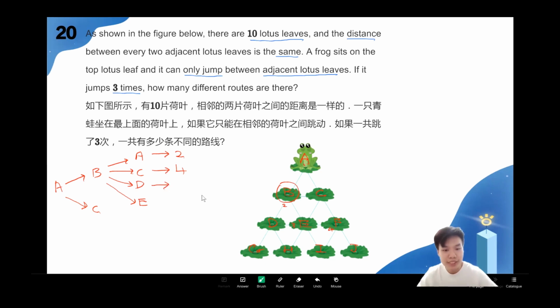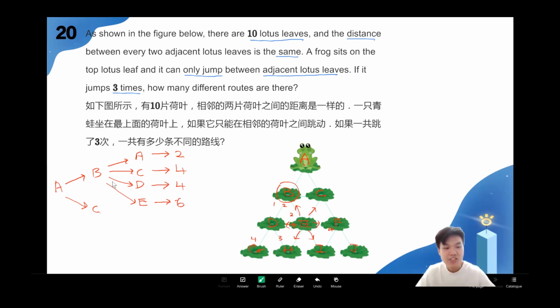If it jumps to D, it also has 1, 2, 3, 4. 4 routes. If it jumps to E, it has 1, 2, 3, 4, 5, 6. It has 6 possible routes.